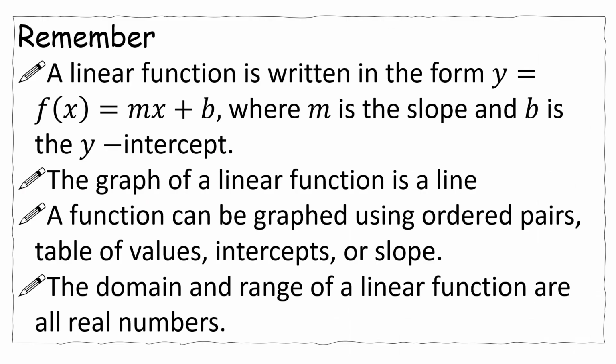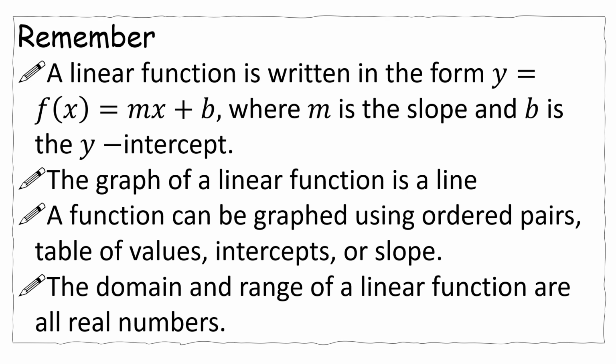Okay, so remember, a linear function is written in the form y equals f of x equals mx plus b, where m is the slope and b is the y-intercept. And then the graph of a linear function is a line. So take note of that from the word itself, linear. So the graph is a line. A function can be graphed using ordered pairs, table of values, intercepts, or slope.